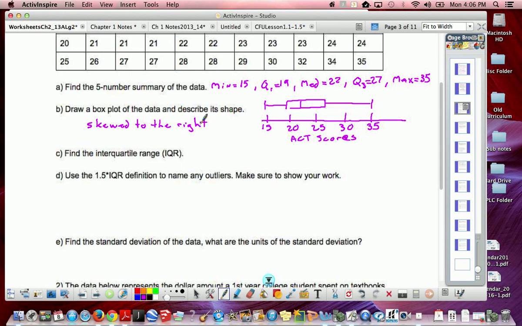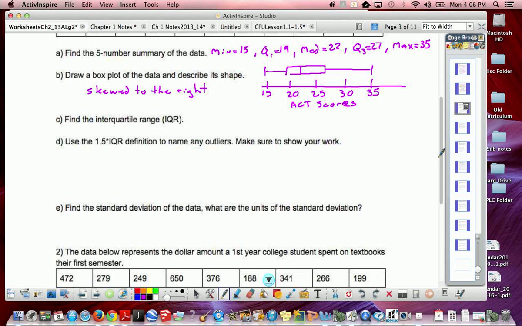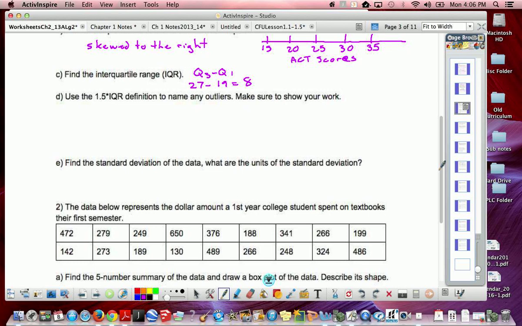So now the next part asks you to find the interquartile range, IQR, otherwise known as Q3 minus Q1. So looking at my 5-number summary, that's 27 minus 19, or 8. So now it says use the 1.5 times IQR definition to name any outliers. Make sure to show your work. So this is what I'm going to be looking for.